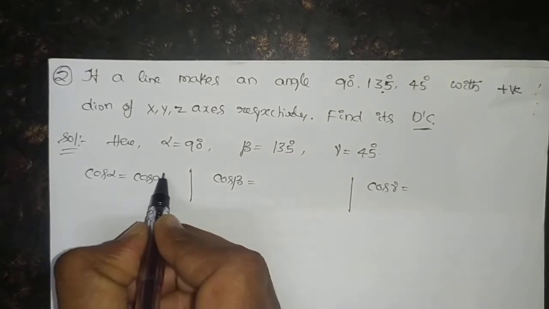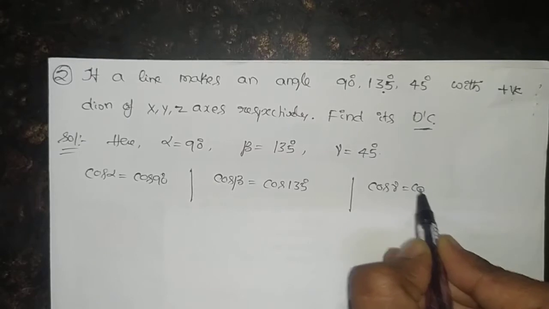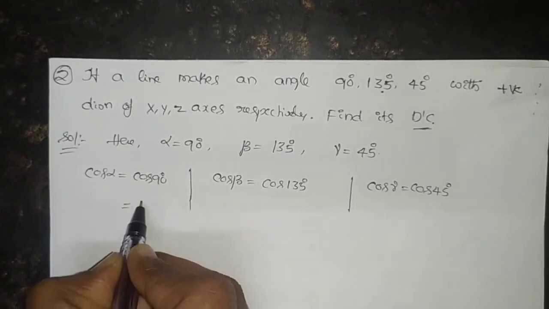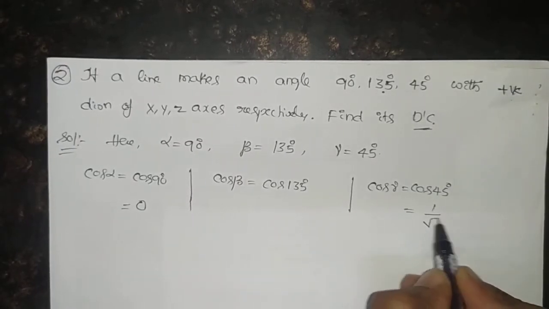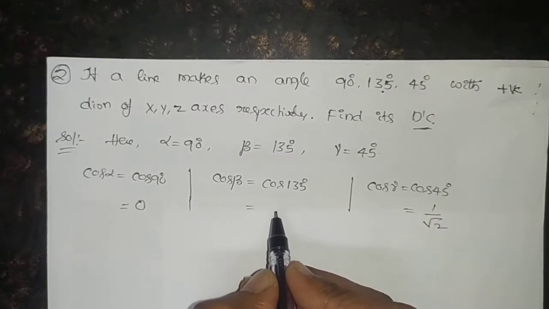Cos 90, cos 135 degrees, cos 45 degrees. Cos 90 is 0. Cos 45 is 1 by root 2. Then what about cos 135 degrees?